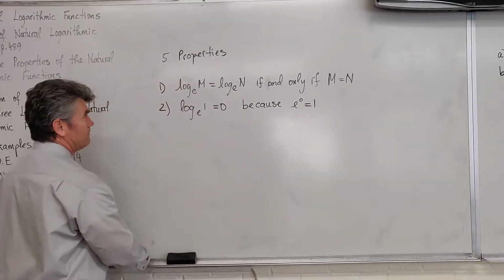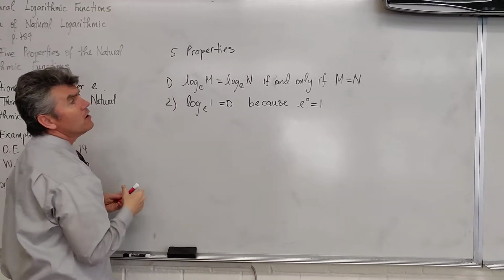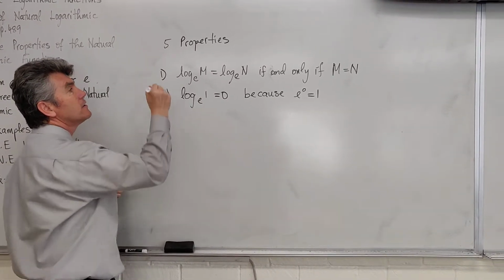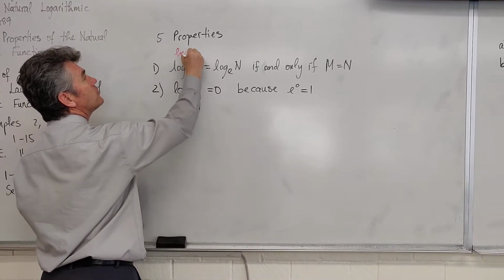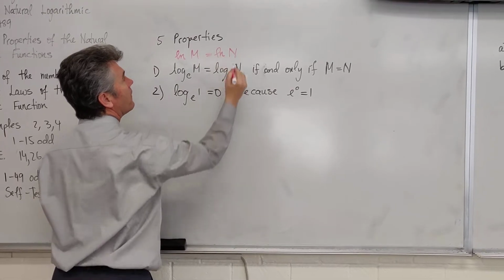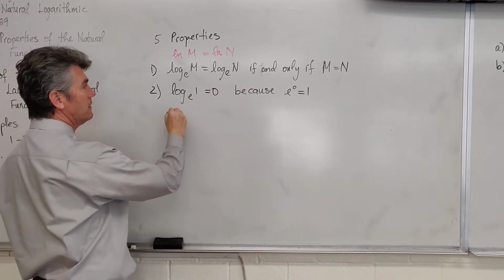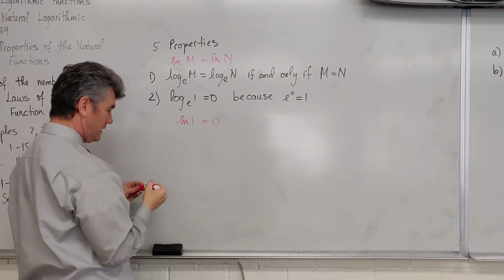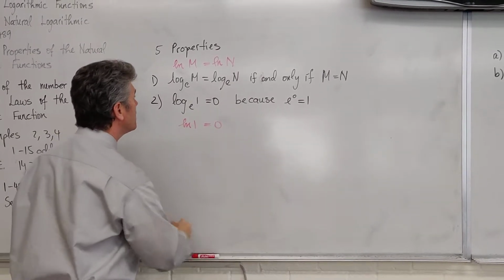You should know, so this is longhand, but in most books you won't see the properties written like this. They'll just write natural log of m is equal to natural log of n. They will just write natural log of 1 is equal to 0. Let's continue.